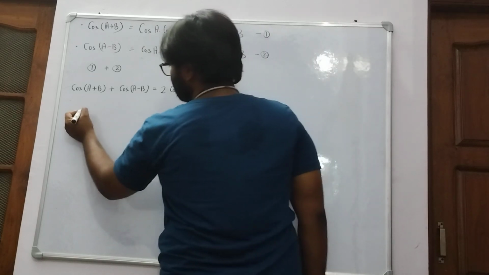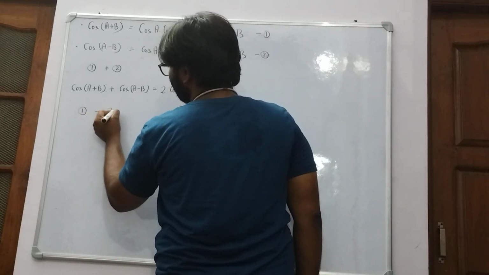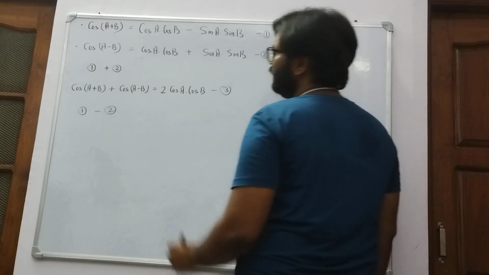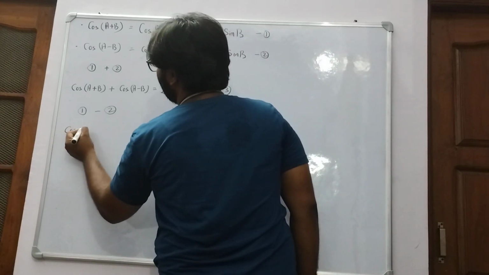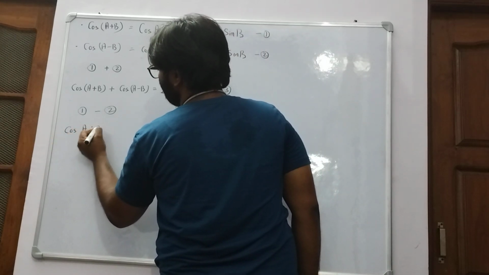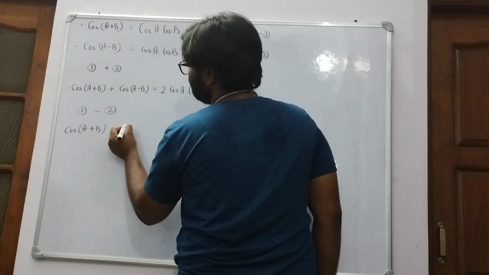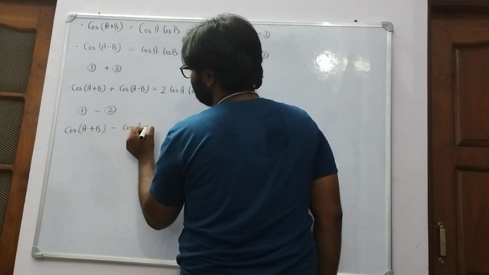Now we will simply subtract 2 from 1. So what are we going to get? Cos(A+B) minus cos(A−B).